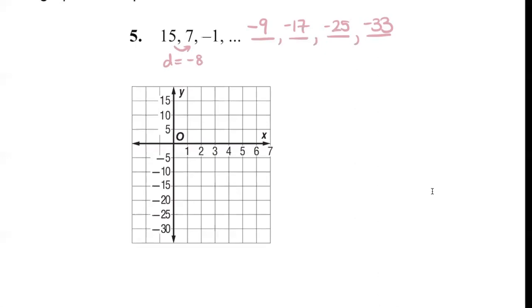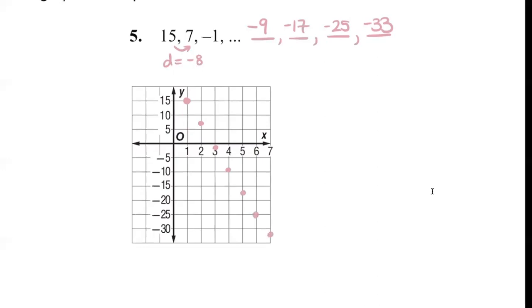All right, so if we were to graph this, the first term was +15, second term was 7, third term was -1, fourth term was -9, -17, -25, and -33.